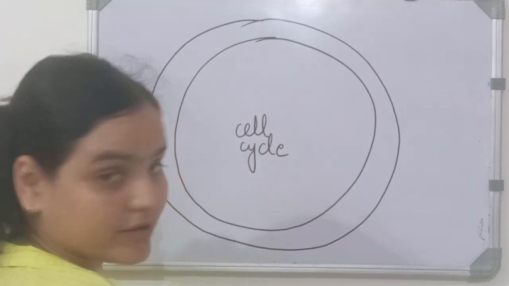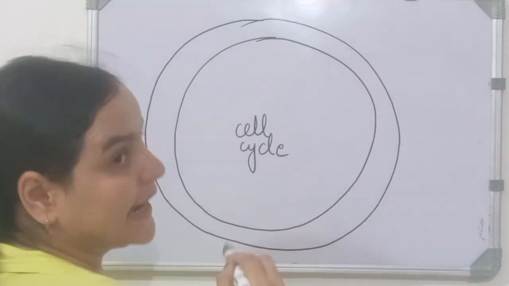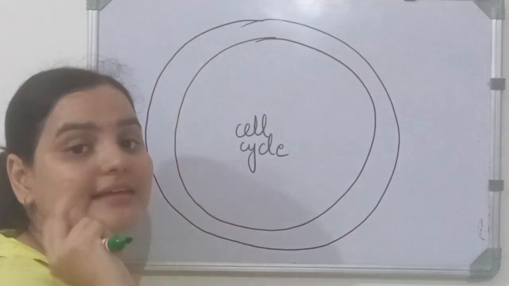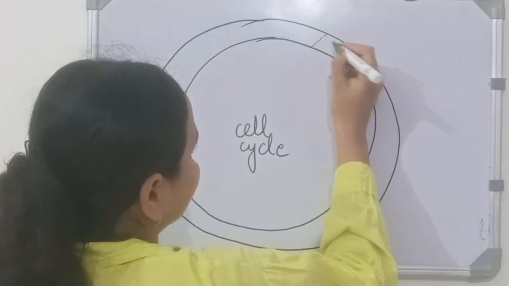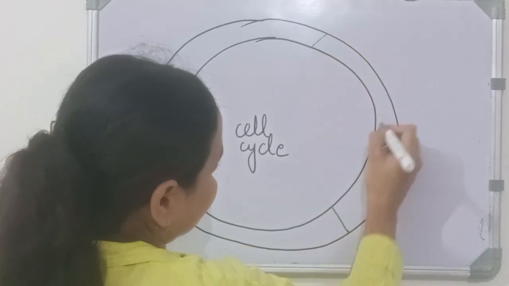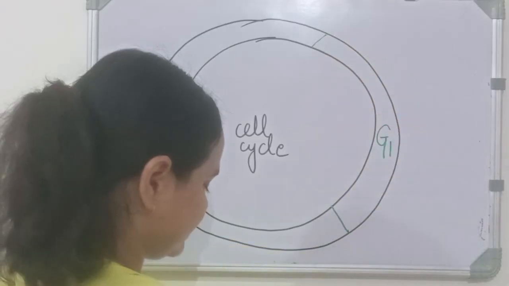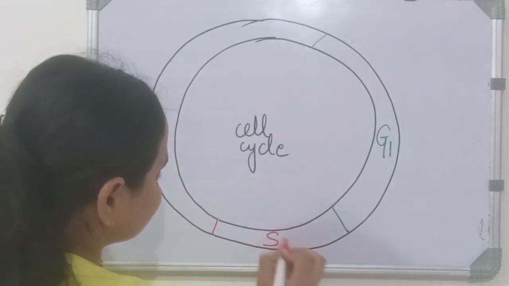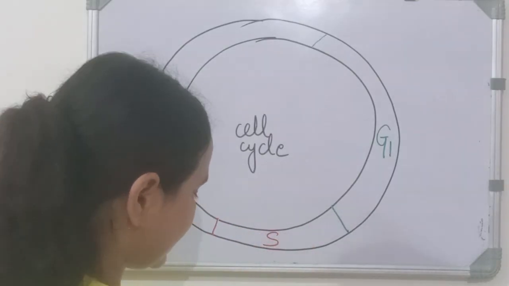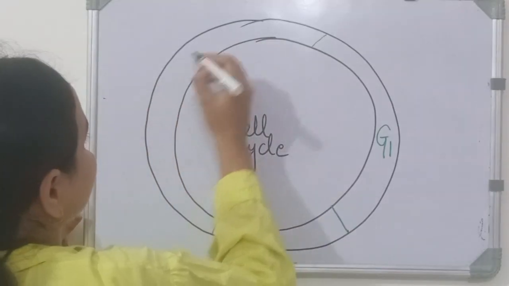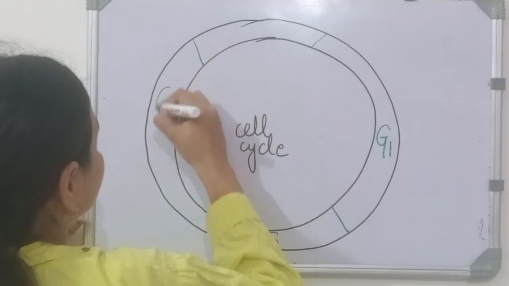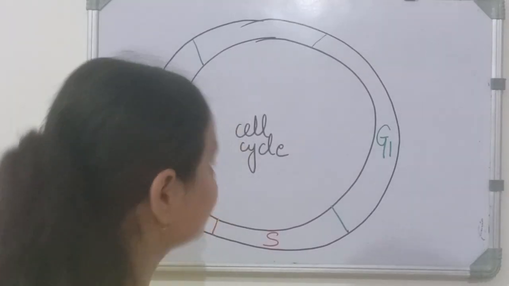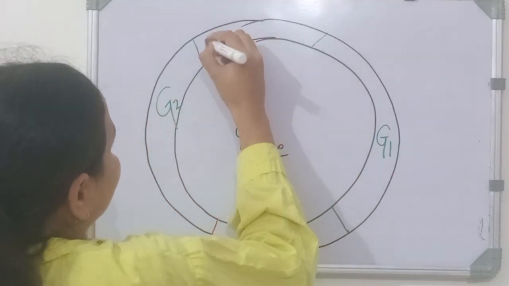So first we have our interphase. So interphase was divided into three phases: G1, S and G2. This is G1, this is S phase, and again this is G2 phase, and then we were having mitotic phase or M phase.